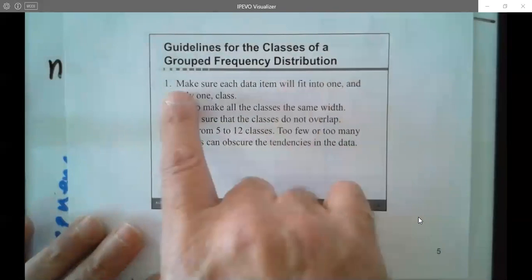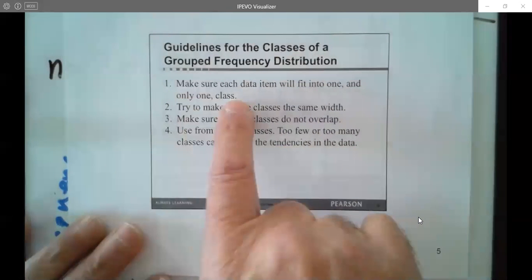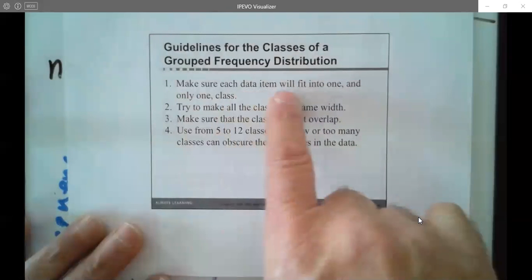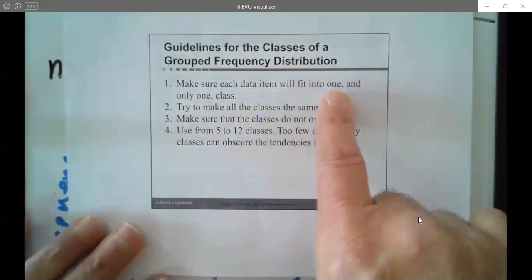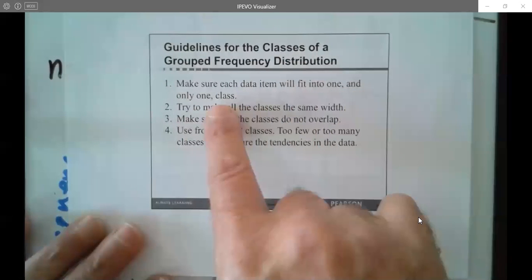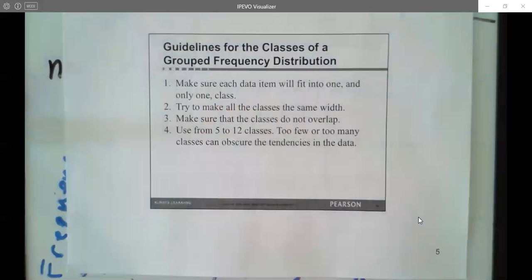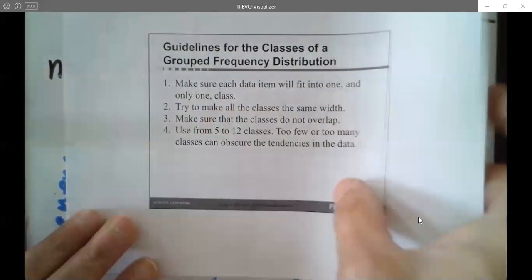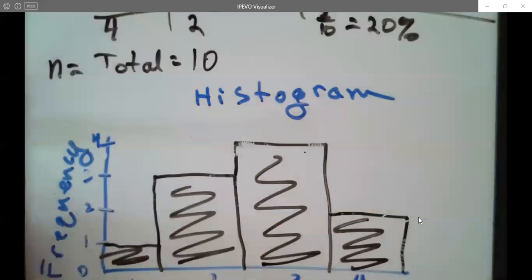Guidelines for classes of a group frequency distribution. Make sure that each data item will fit into one and only one class. In other words, you don't want classes to overlap or repeat.